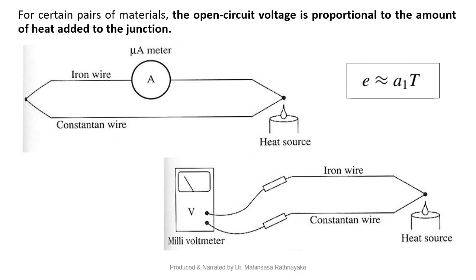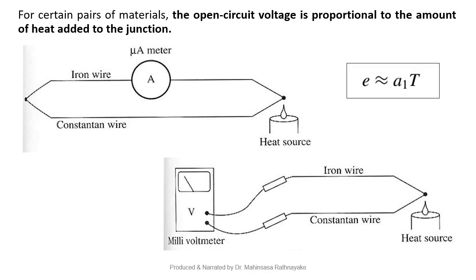So if we use an iron and constantan thermocouple junction, we can represent the relationship between the electromotive force at the junction and the temperature at that junction as a linear equation. That is simply electromotive force is equal to a coefficient multiplied by the temperature. Something like E is equal to A1T.